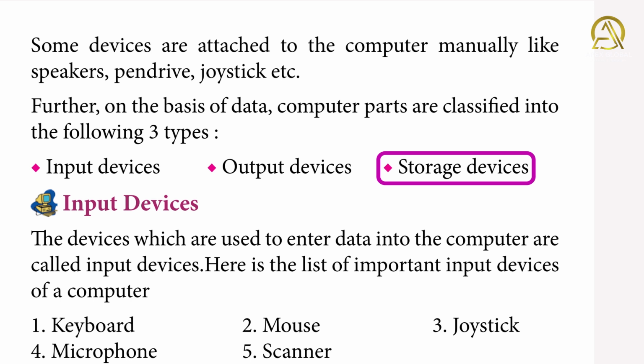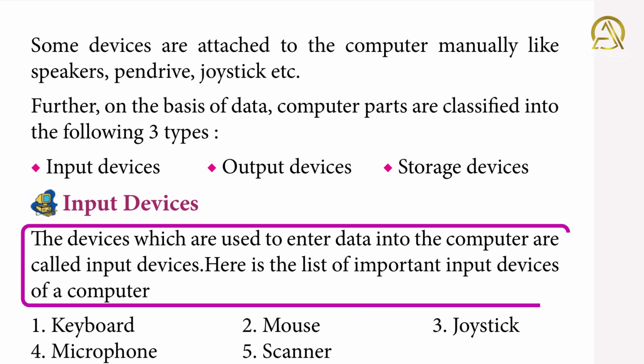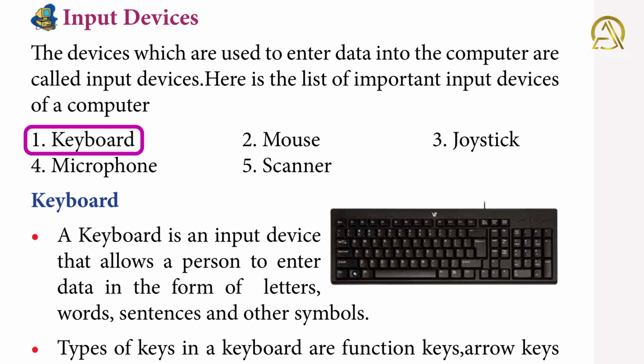Input devices. The devices which are used to enter data into the computer are called input devices. Here is the list of important input devices of a computer. 1. Keyboard. 2. Mouse. 3. Joystick. 4. Microphone. 5. Scanner. Keyboard.